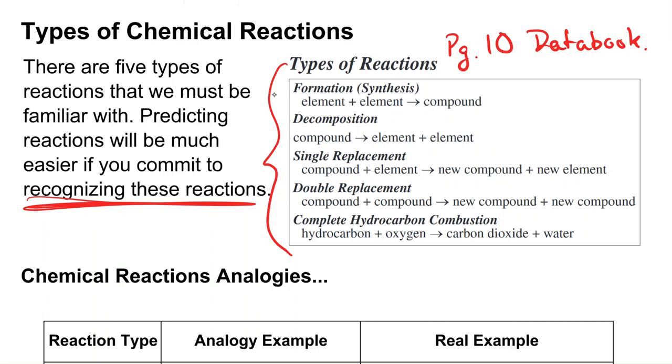Keep in mind, this little table is telling us that a formation reaction, whenever you form something, means you're taking 2 or more things and smushing them together and making something more complicated. In general, a formation reaction is an element plus another element to make a compound.